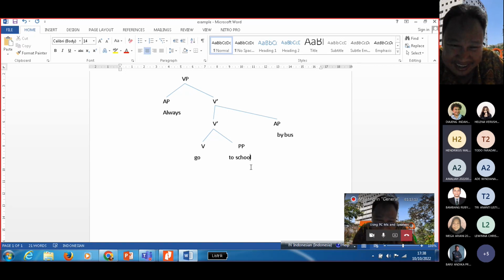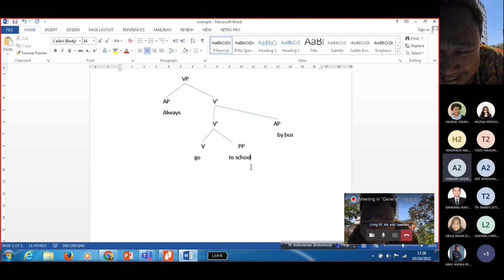Because I don't want you to forget your phrase structure rules. If you are too concerned with X-bar theory, you might forget about your phrase structure rules, and actually your exam will not include X-bar.